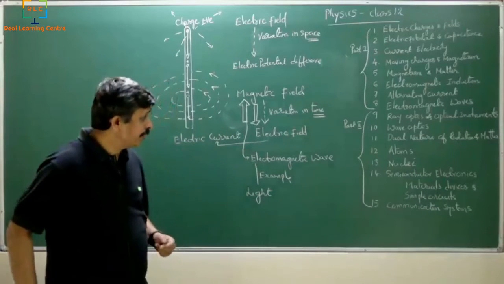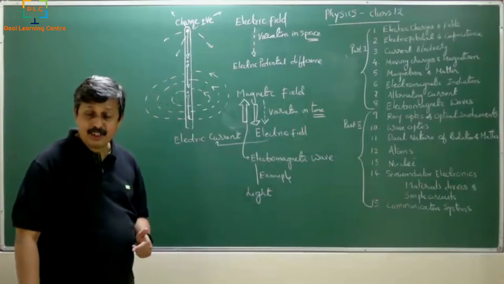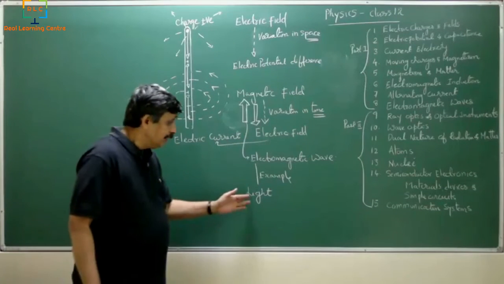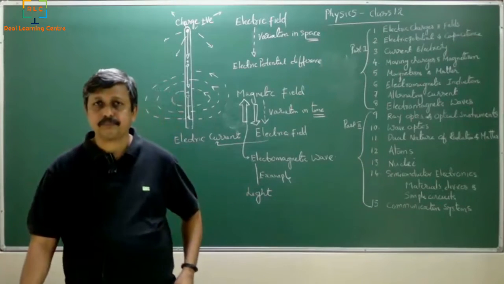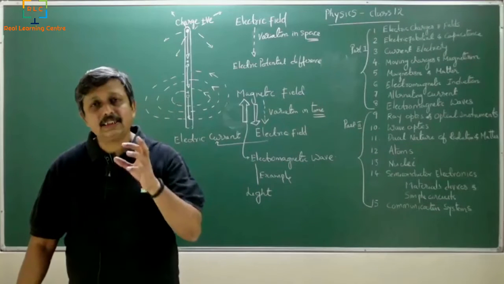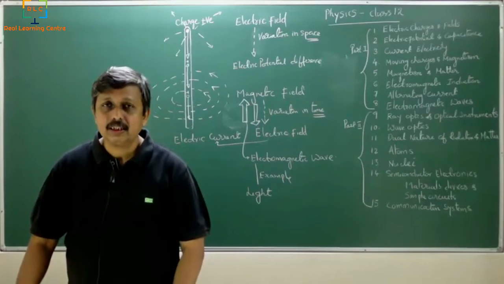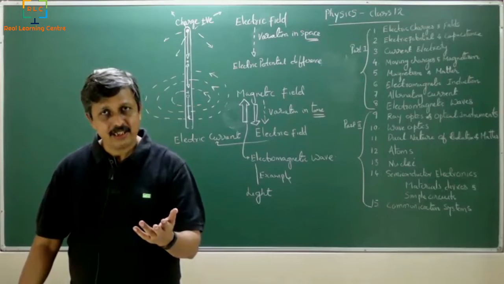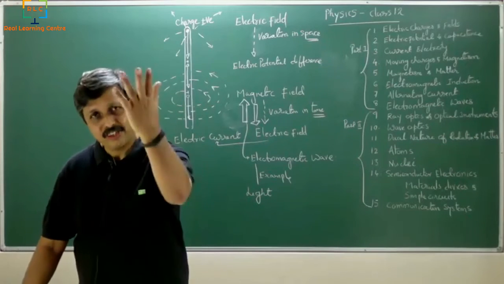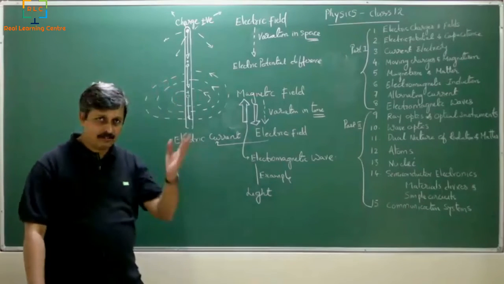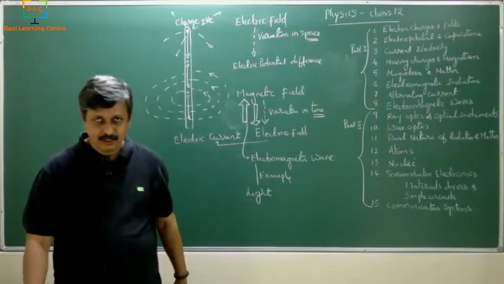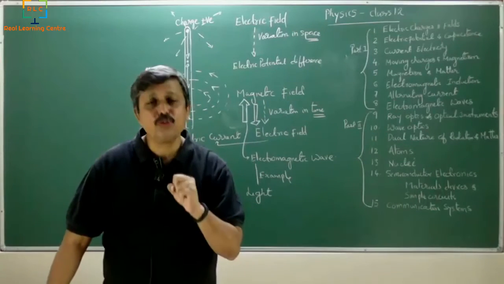Now moving on to the 11th chapter, which is very interesting because light is a very strange thing. The strangeness of light is because sometimes it behaves like a simple particle which moves in a straight line, or sometimes it behaves like a wave. So it has a dual nature.